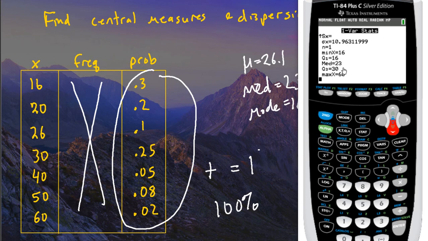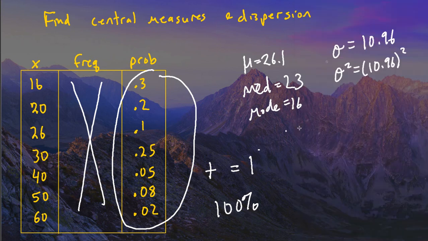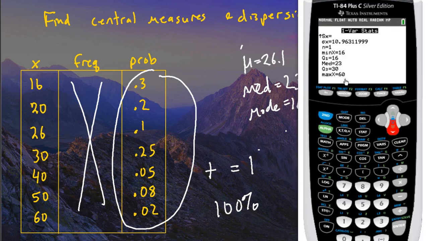Now, if I subtract those, I do get 44 for my range. And I do want to, just for ease of reading, put my central measures on one side and organize my dispersion on another side. But anyway, I could do these to make a box and whisker plot if I wanted. There's the whiskers, 16 and 60, my lower quartile, my upper quartile, and my median. Everything I need to know is right there.